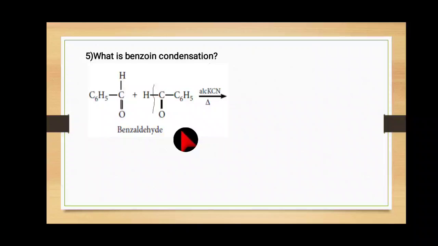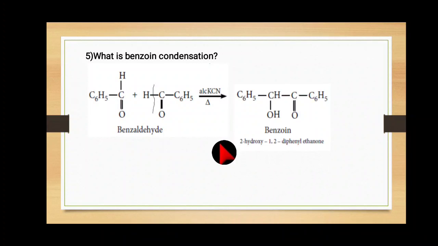What will happen? The C double bond O double bond will cleave, and the O minus takes the H plus from the neighbouring benzaldehyde. The H plus is bonded with the O. Then the C double bond O is directly bonded with the carbon. So what is the product? C6H5, CHOH, C double bond O, then C6H5.